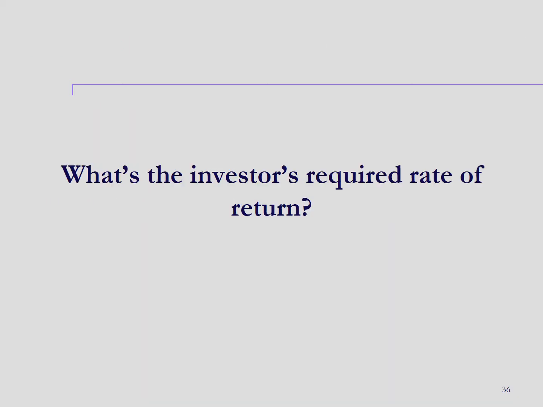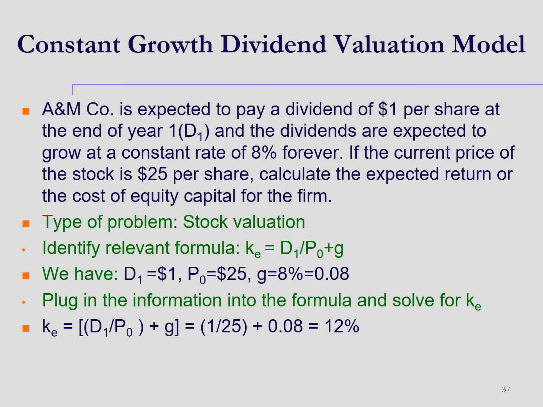What's the investor's required rate of return? We are required to solve the required rate of return KE. The sentence, the dividends are expected to grow at a constant rate 8% forever, indicates that this problem is a constant growth case. The required rate of return formula for the constant growth dividend valuation model is given here.